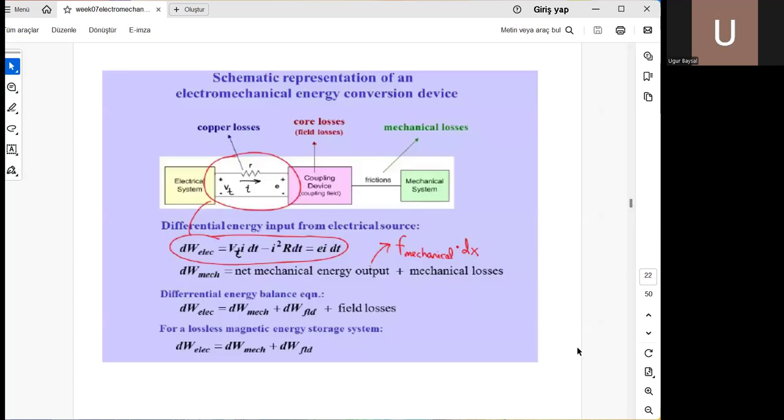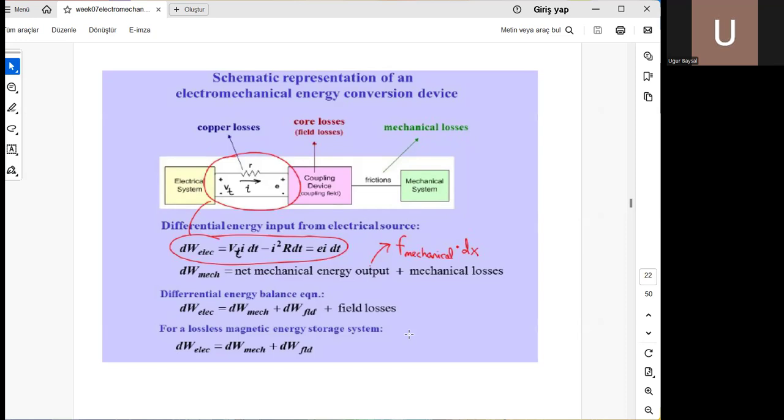This is the schematic representation of an electromechanical energy conversion device. At the left side, in the yellow box, there's an electrical system supplying voltage and current towards the right over some kind of transmission line with a resistive component, which can be modeled as a single resistor.